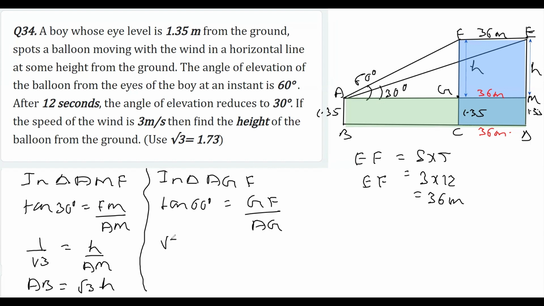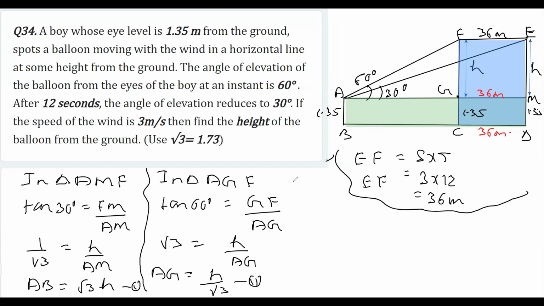Tan 60 is root 3. This is H over AG. Now, AG is equal to H over root 3. So I mark it equation 1 and this as 2.